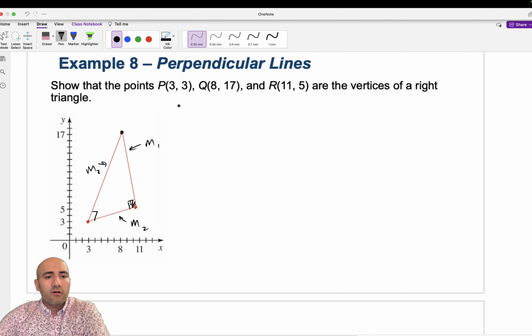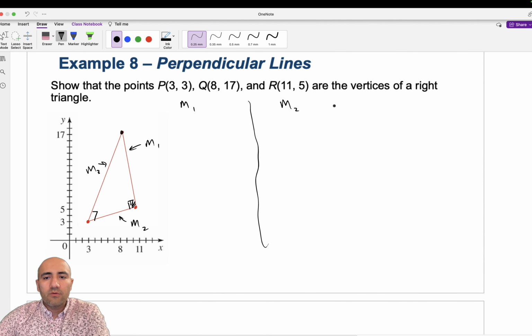Okay, so for the case of m sub 1, I'm going to work it out in this little area here. And then for m sub 2, I'm going to work it out in this little area. And then over here, I'll work out m sub 3. For m sub 1, I'm working with this point and this point, the 2 points that are on this line: (8, 17) and (11, 5).